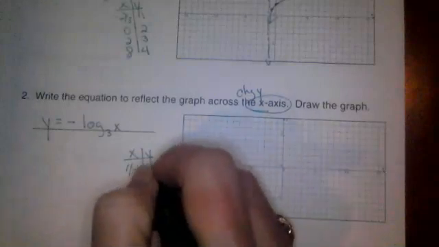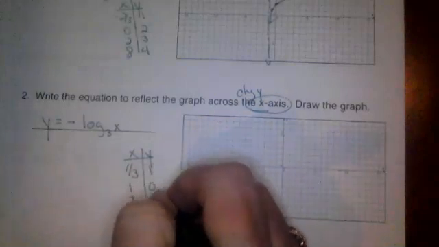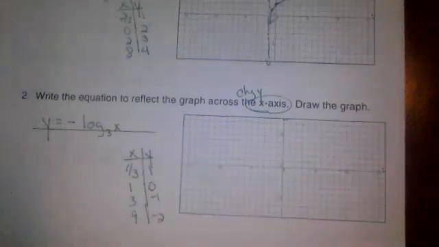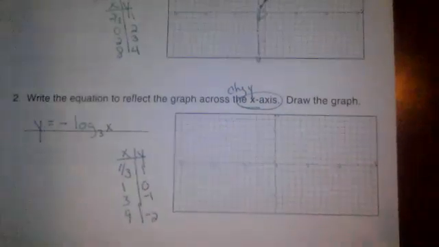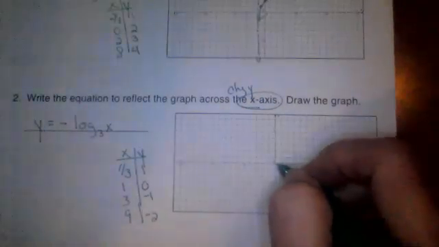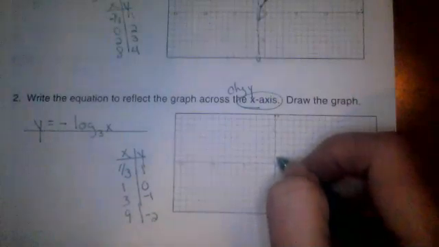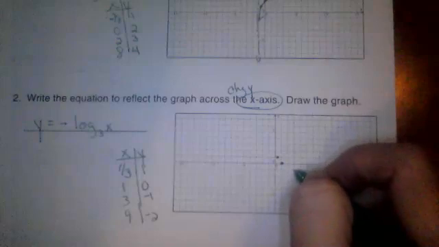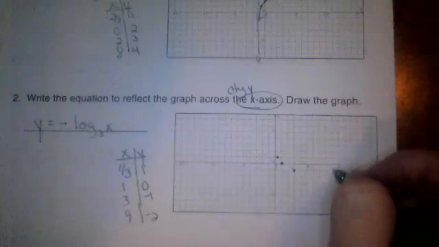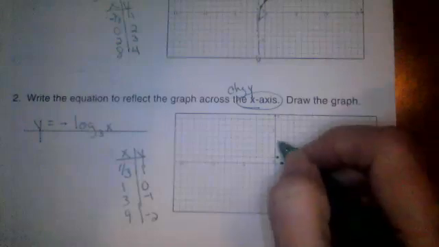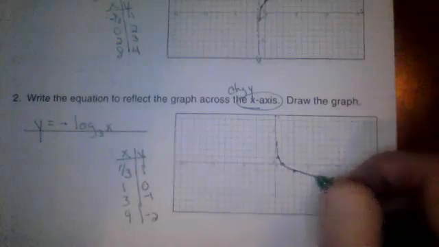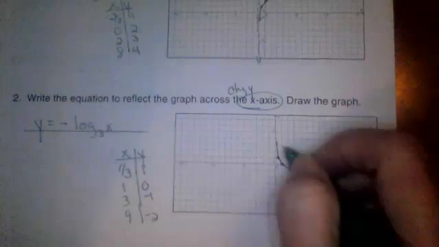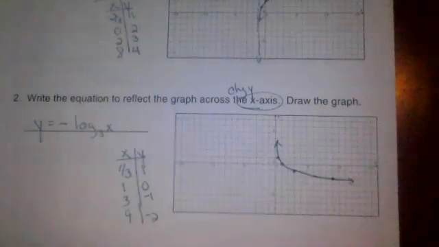Our y's would be +1, 0, -1, and -2. And that would be our points to graph. So we have (1/3, 1), (1, 0), (3, -1), and (9, -2). So our graph just flips over the x-axis.